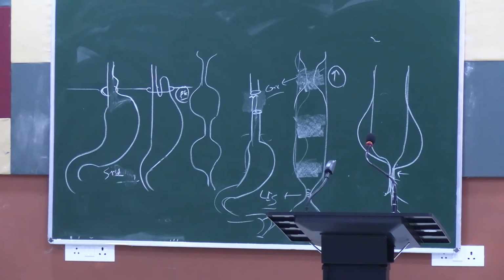Why is there left supraclavicular node enlargement? Someone tell me. Direct spread to the supraclavicular node from the lower esophagus or stomach or any GI structure. GI cancers will have that, right?